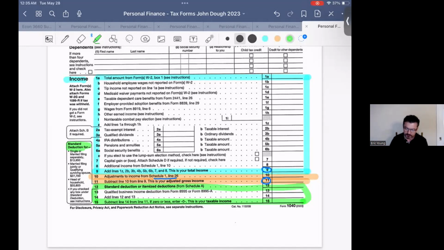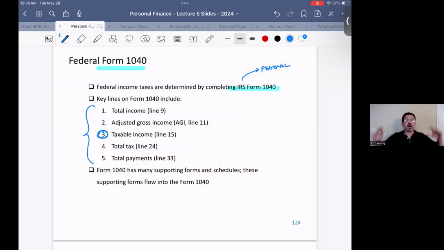take the biggest. Notice that line 11 was your adjusted gross income. You then either take on line 12 your standard deduction or your itemized, and there's a few other adjustment lines here, but you subtract that and you get line 15, your taxable income. So in other words, all of your income is total income.